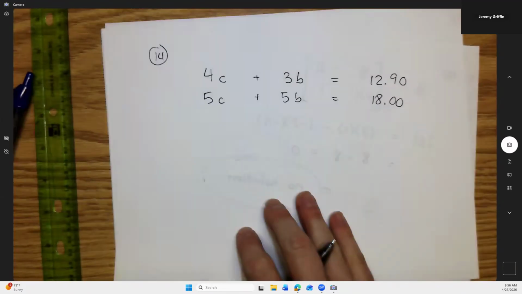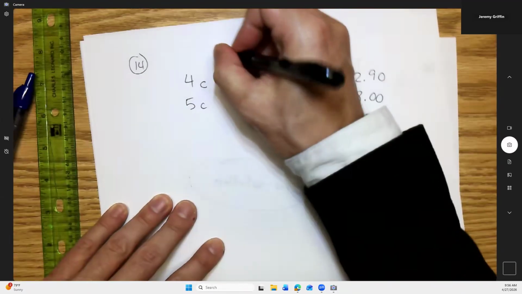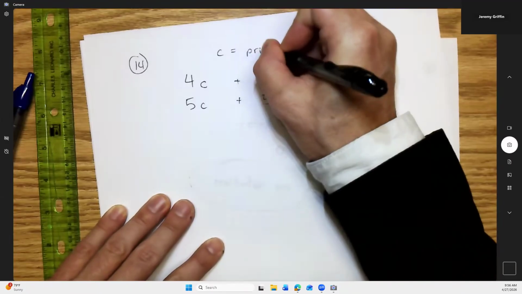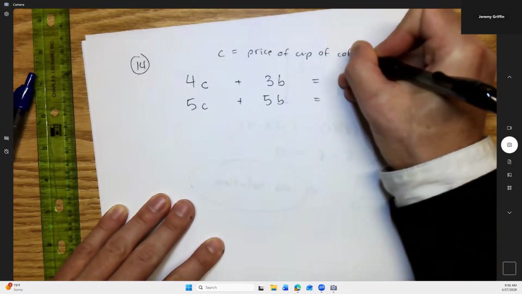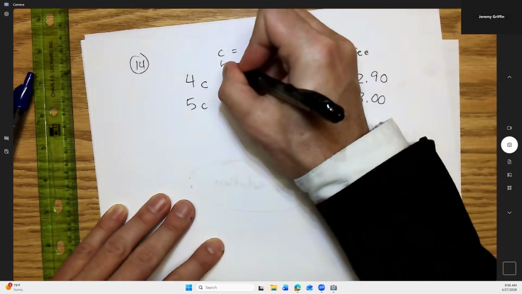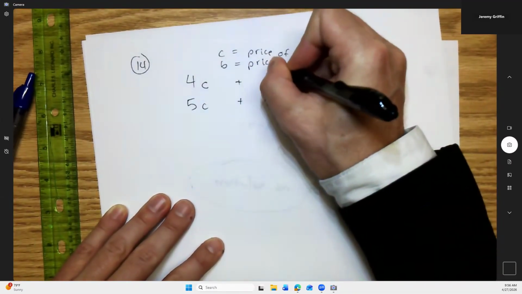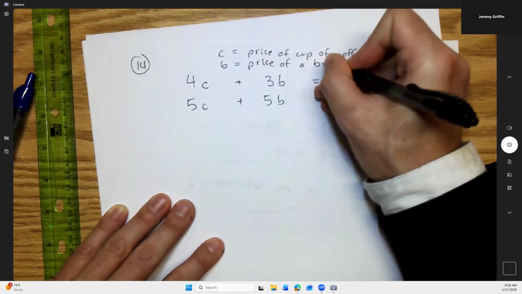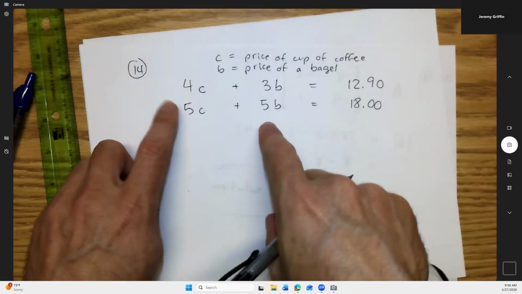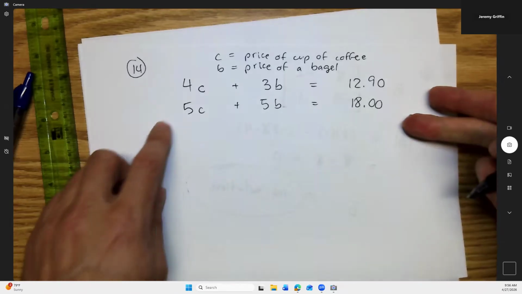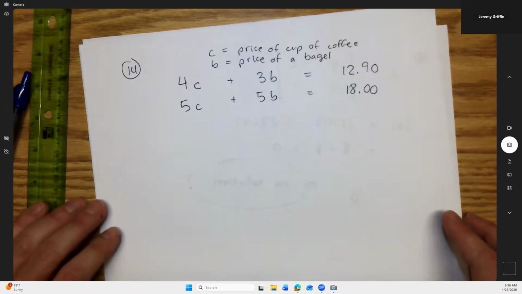So C represents the price of coffee, and B represents the price of a bagel. Right? So 4 cups of coffee, 3 bagels, 5 cups of coffee, 5 bagels, and she's paying the sum total. That makes sense, right?